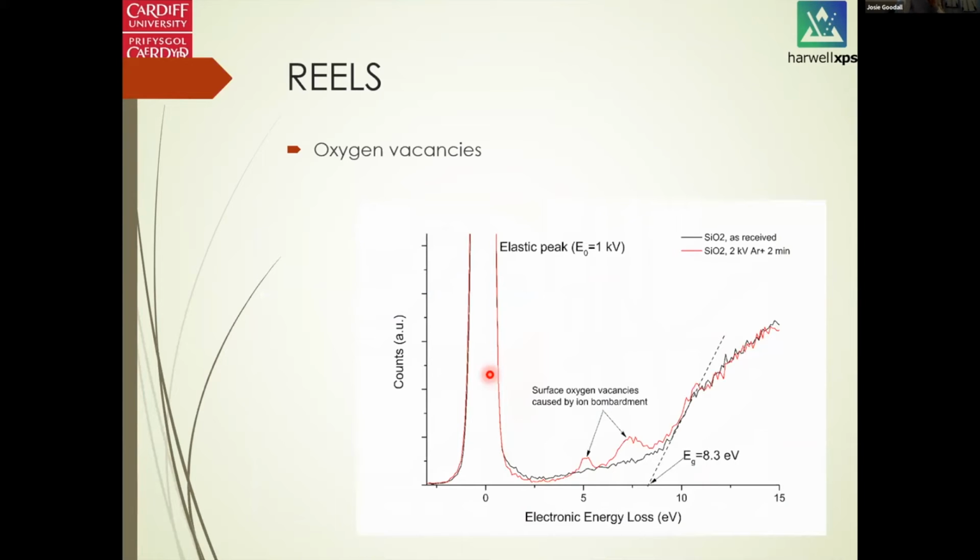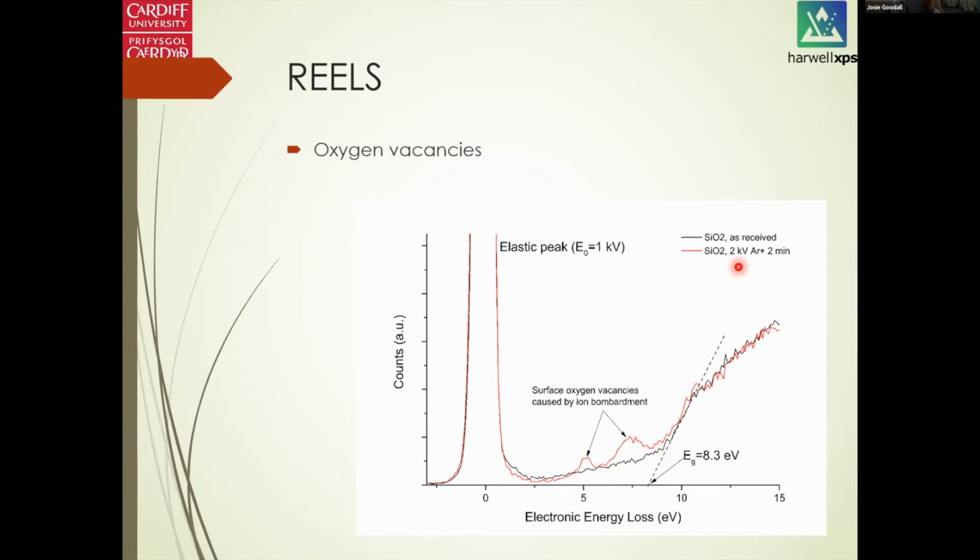And then also some oxygen vacancy could be observed with REELS as well. This shows the silica REELS spectrum. The black one is as received, and we don't see the features here. We only see the onset around 8.3.